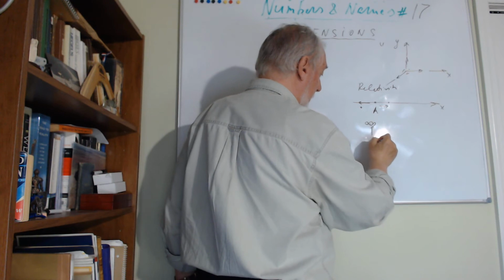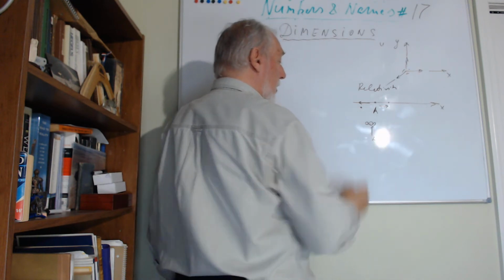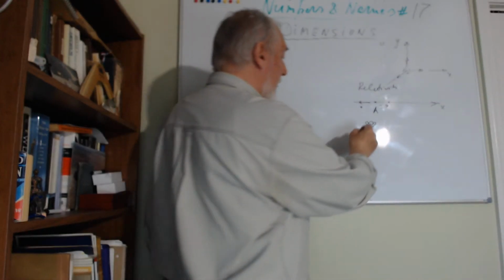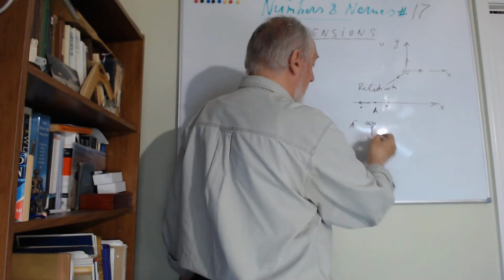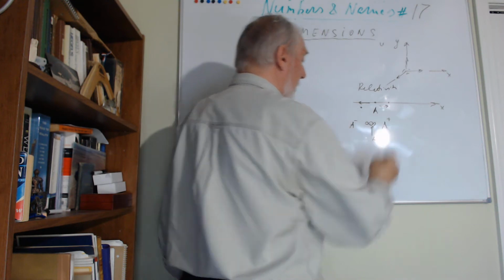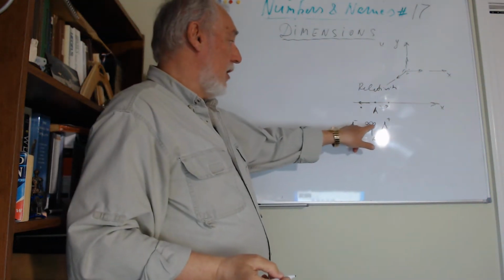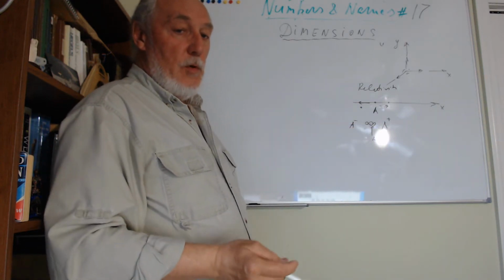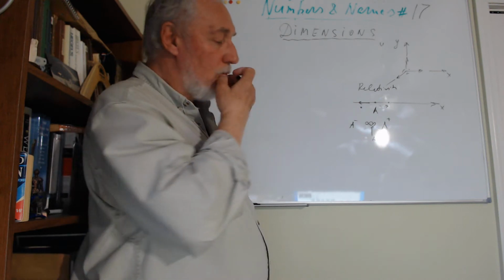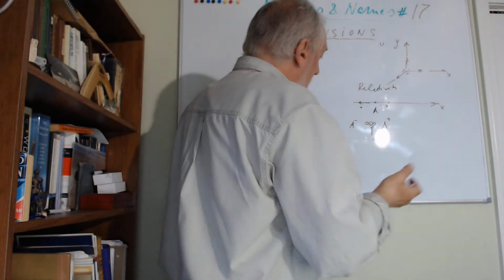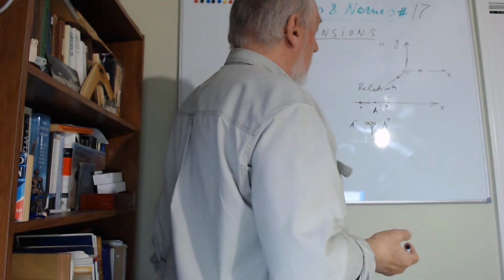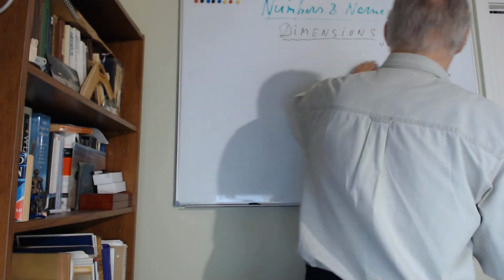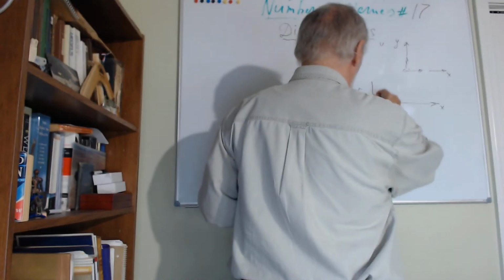Here it is, point A. It has only 2 closest neighbors, this and this: one on the left, maybe A minus, and one on the right, A plus. Only two neighbors, right? Okay, that's on the line. Let's go from the line to the plane.